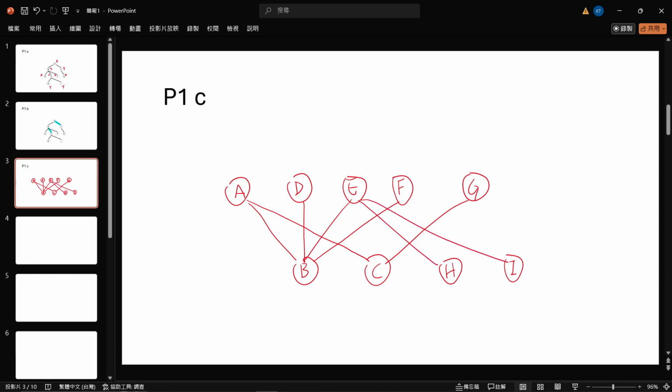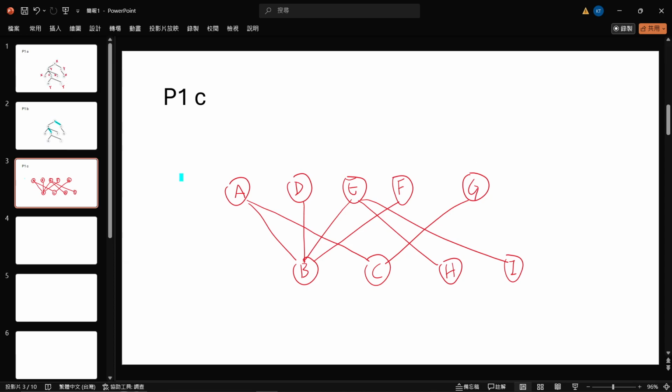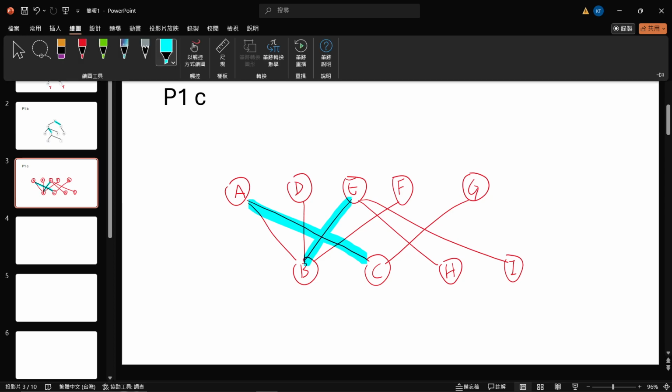So this is the same graph, and the current matching M is AC and BE.